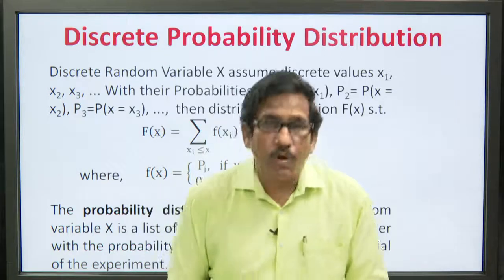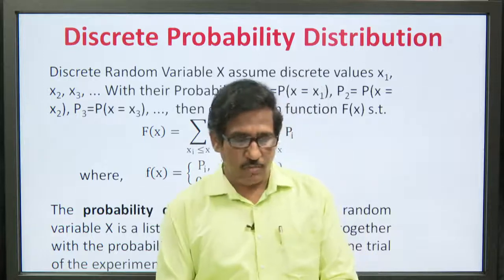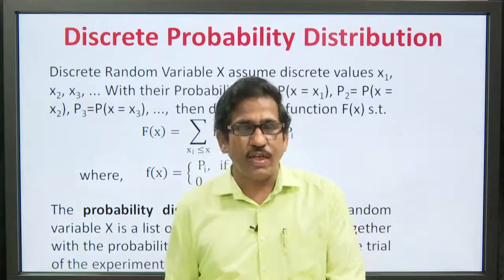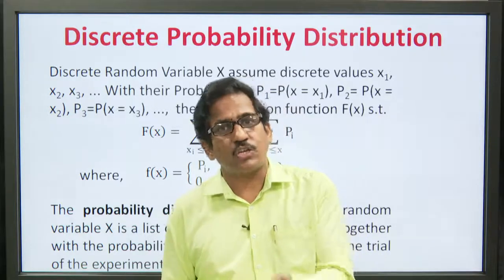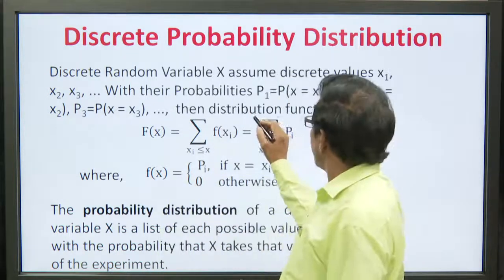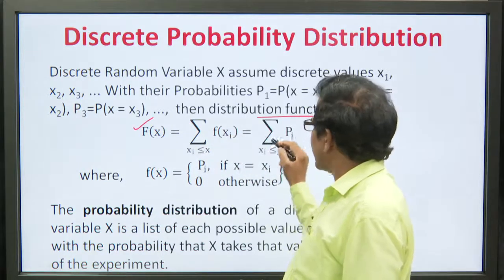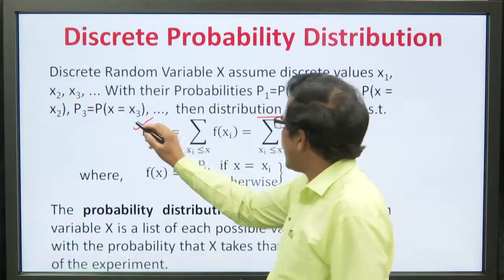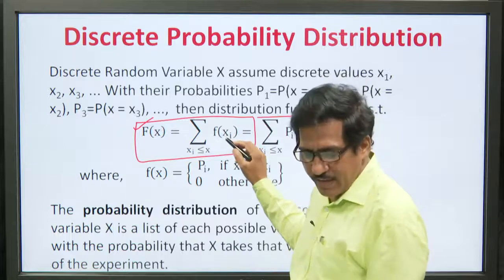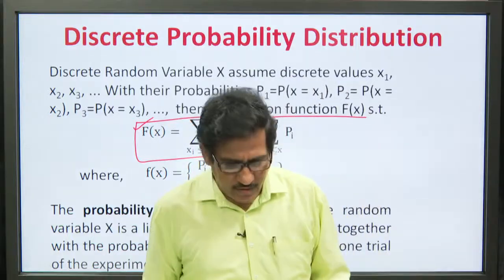Next is discrete probability distribution. This is our first topic. If our random variable is x and it contains values from x1 to xn and their corresponding probabilities are p1 to pn, then the distribution function, sigma of f of xi, which equals sigma of pi, is known as the distribution function, where f of xi equals pi if x equals xi and it is 0 otherwise.